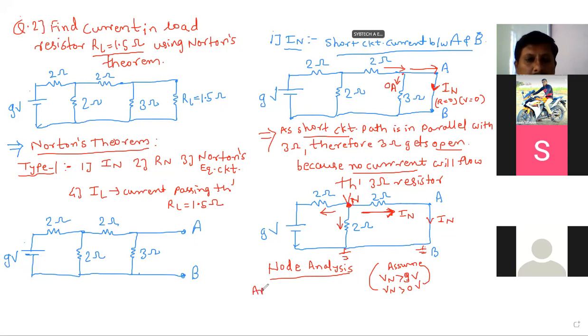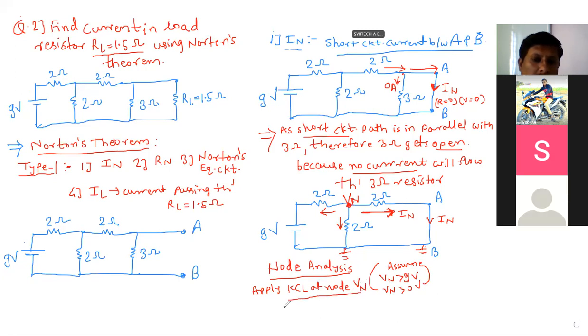So apply KCL at node Vn. Okay, so all are positive. Vn minus 9 divided by resistor 2, plus Vn minus 0 divided by 2, plus Vn minus 0 divided by 2 is equal to 0.